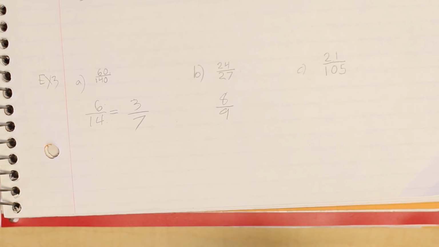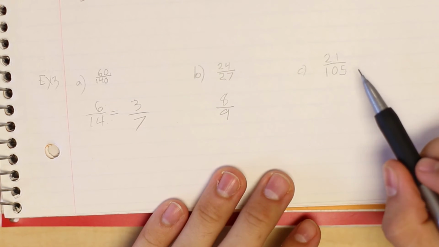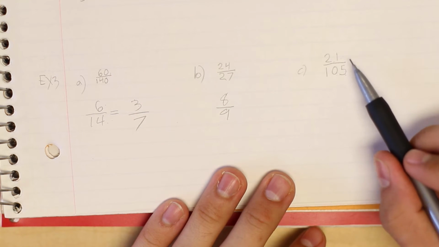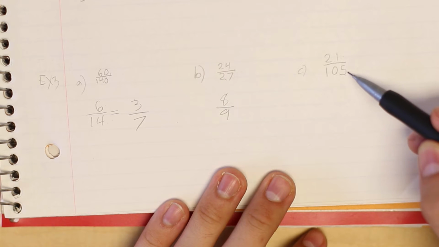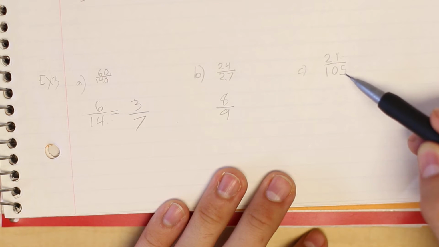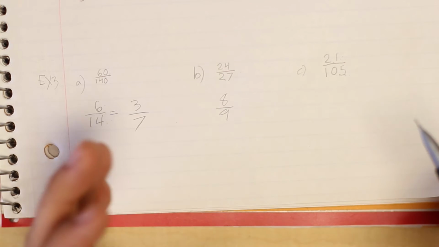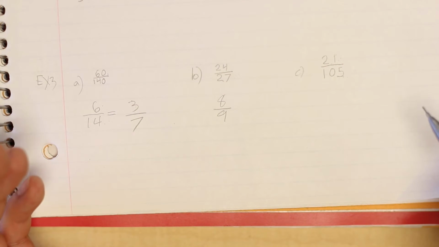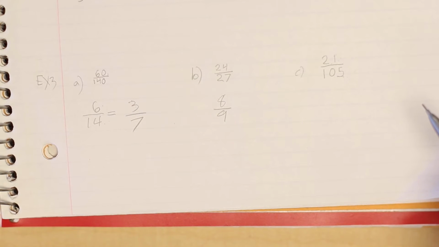Here, this one's a little tricky. Might take you a while. Is there anything that can go into both? Well, you find out that 7 and 3 can go into both of these numbers. But also, it turns out if you really think about it, 21 goes into 21, and 21 goes into 105. You might not know that right away, but like I said, you could reduce it by 3 or by 7 first, however you want to do it.